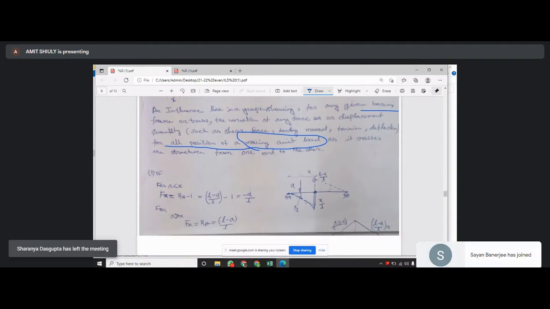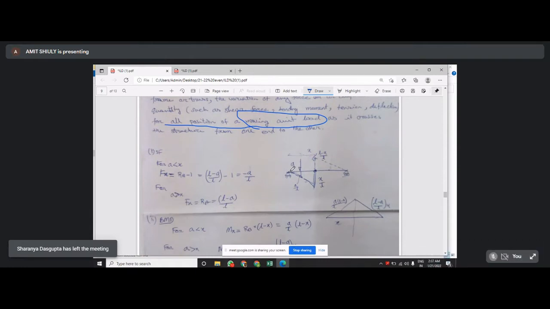Suppose there is a simply supported beam. You have learned this, just a recapitulation. If a unit load varies here, what should be the variation of the shear force at this point?